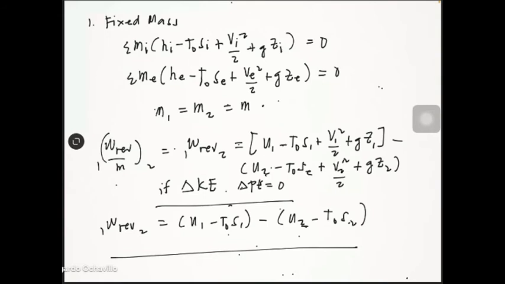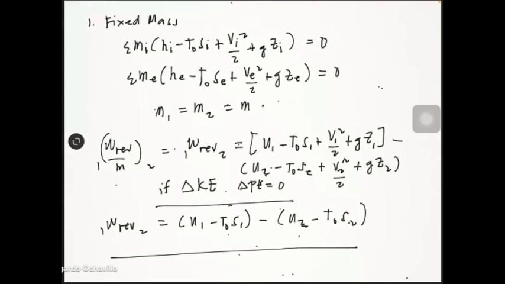This is the summation of mass entering TOSI plus M2 TOS2 minus M1 TOS1.